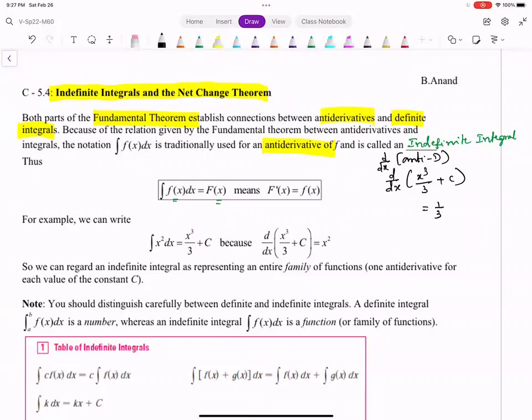We have 1/3, which is a constant, and then the derivative of x cubed, which is 3x squared, and then the derivative of a constant is 0, so we get x squared. So the derivative of the answer, uppercase F of x, also known as F prime of x, equals x squared, the integrand, which we call lowercase f.